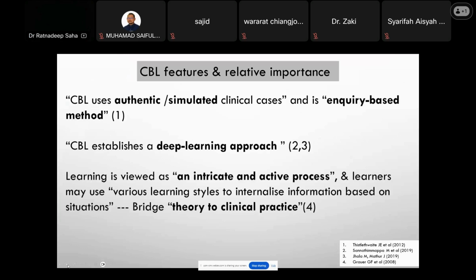It is also linked with active learning strategies where learners may use various learning styles to internalize the information based on the situation. And thus, we think that it bridges theory into clinical practice.